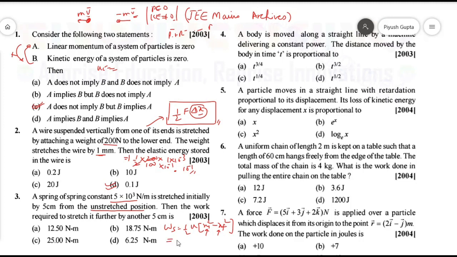So using that formula, you write half into 5 into 10 to the power 3, and xi is 5 centimeters, so 5 square, minus xf, which is another 5, so 5 plus 5 becomes 10, so 10 square, into 10 to the power minus 4, because that is in centimeters. So you're just going to calculate this value.